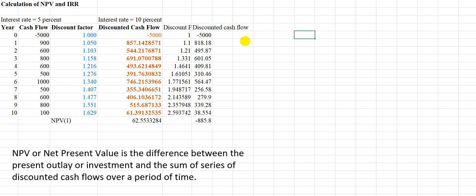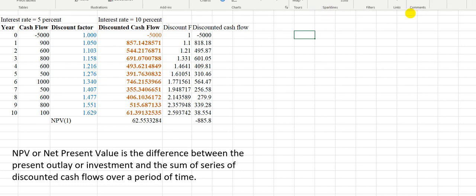So now for IRR we must use the concept of interpolation.